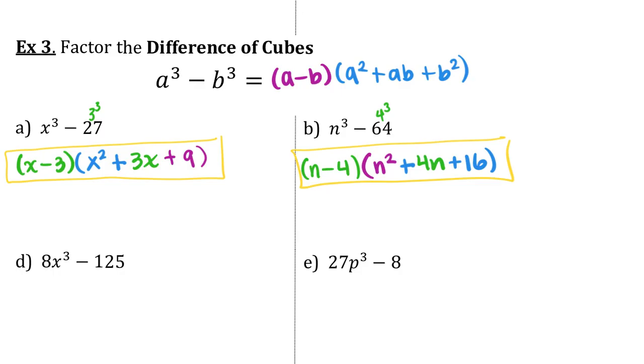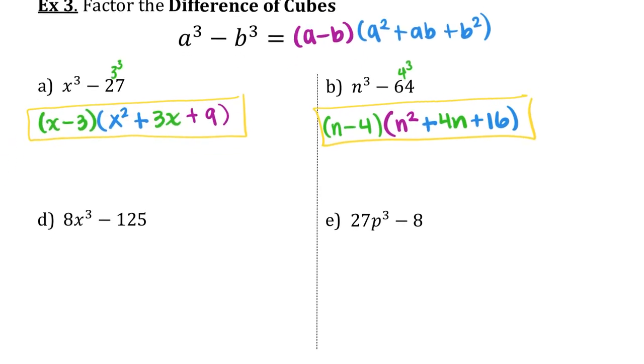Okay, let's try two that are a little more complicated, and then we are done with today. To get 8, that's 2 cubed. This is 2x. What do you cube to get 125? 5 cubed. So the first parenthesis, 2x minus 5. Sign matches. Let's fill in the blanks.